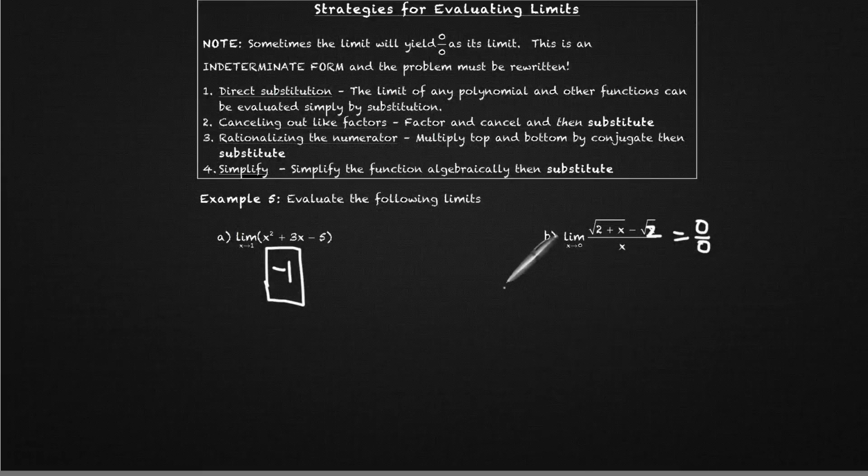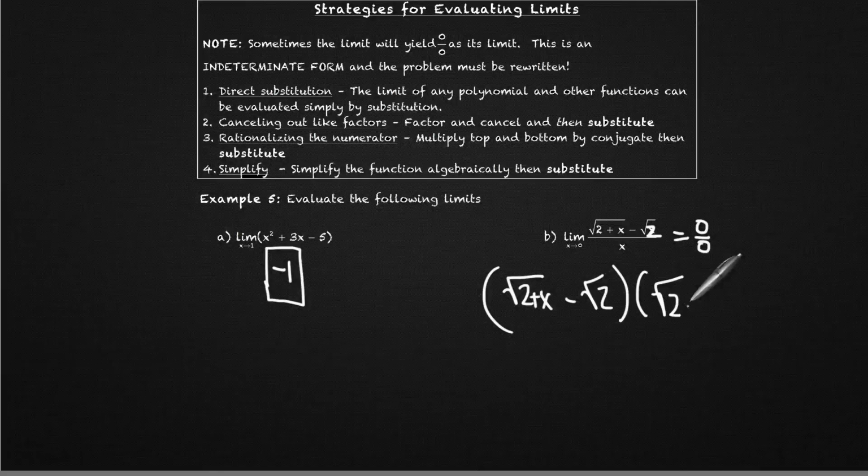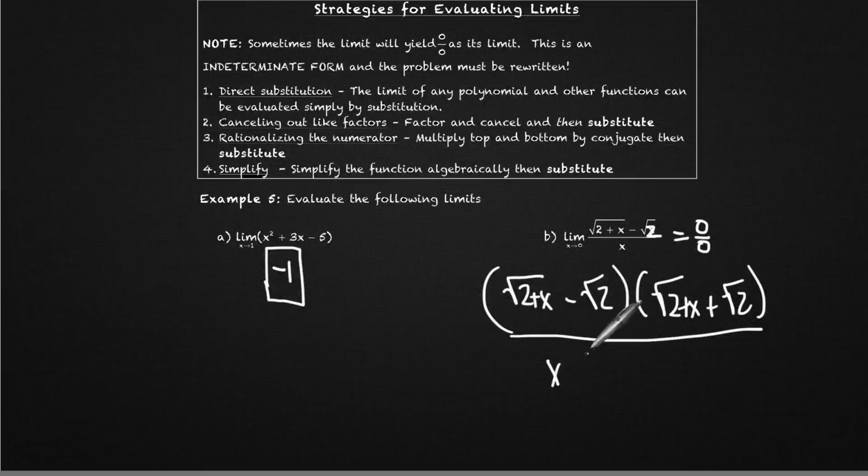So we're going to take root 2 plus x minus root 2, and then we're going to multiply that times the conjugate, root 2 plus x plus root 2. And then on the bottom, we're going to do the same thing. We're going to multiply the bottom because we have to do the same thing to the bottom as we did to the top. When we do that, let's see what we have.